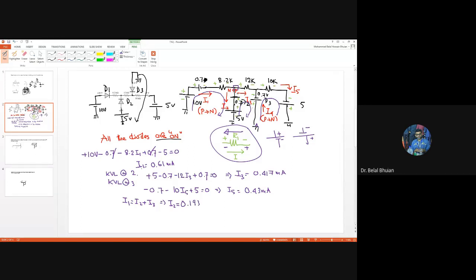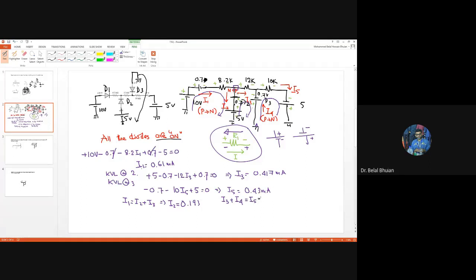Then I4. In order to determine I4, what do we have? I3 is entering, I4 is entering, and I5 is leaving. So I3 plus I4 equals I5. I know I5, I know I3.